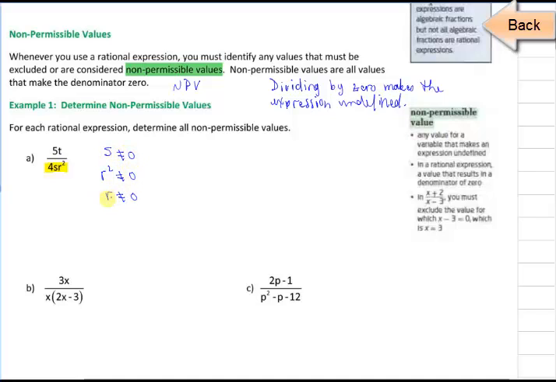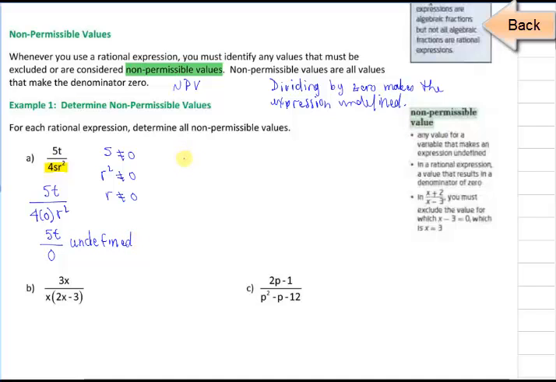So let's test it out by substituting in s is 0 into our original expression. So we're going to have 5t over 4 times 0 times r squared, and 4 times 0 is 0, 0 times r squared is 0, so you are left with 5t over 0, which we know is undefined.